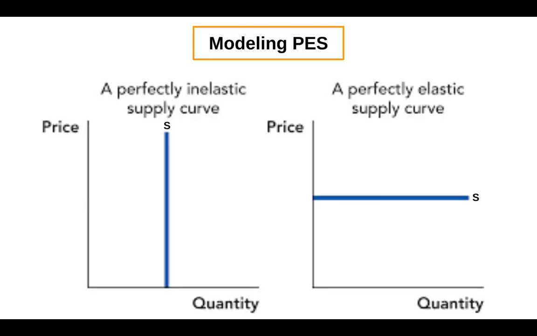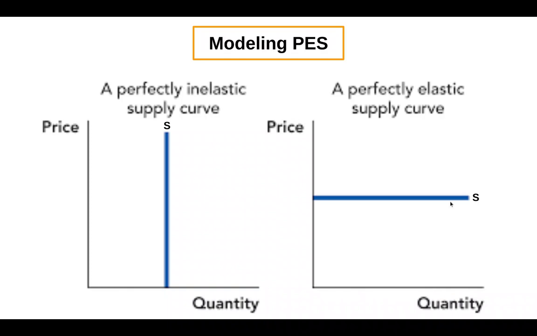Finally, I wanted to look at modeling the price elasticity of supply with two specific examples. Once again, a perfectly inelastic supply curve and a perfectly elastic supply curve. And you'll see that they work exactly the same way as with demand. Perfectly inelastic is vertical, a price elasticity of supply coefficient of 0.